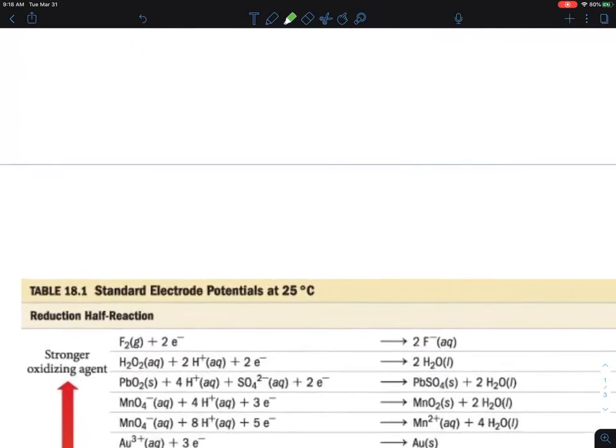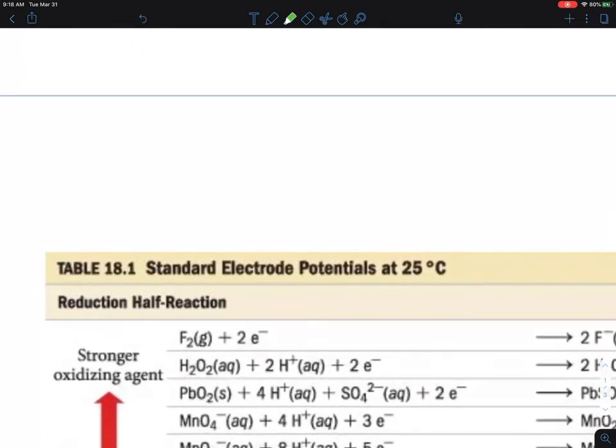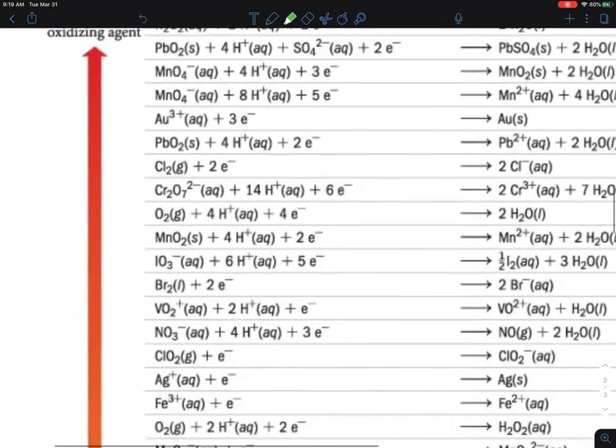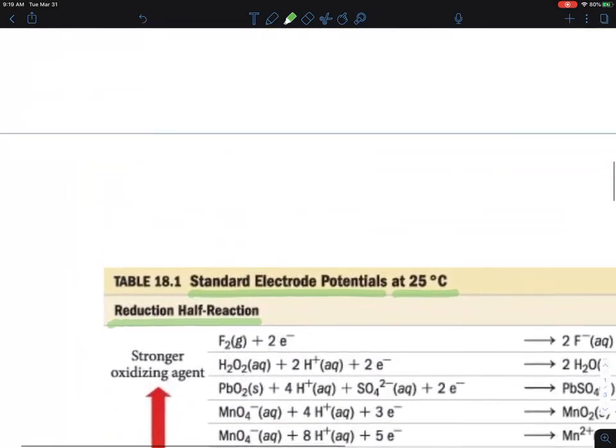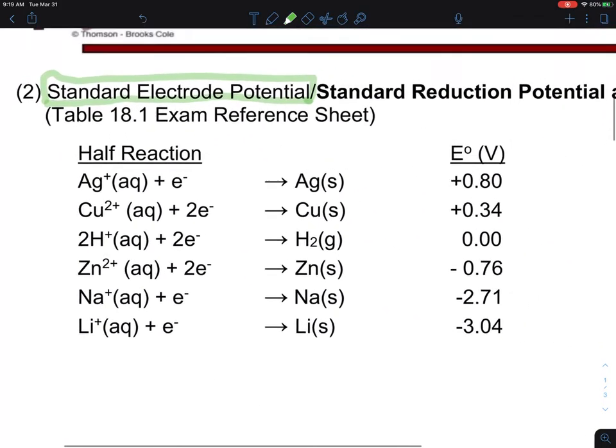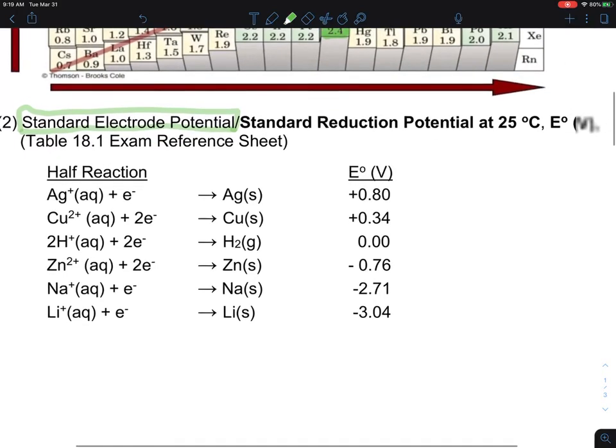This is what you see on your reference sheet in your exam, the standard electrode potential. They have to designate what temperature it is, and then they write a small thing called a reduction half reaction. This is a collection of reduction half reactions, and this is essentially what we need to use. Here I give a collection of a few examples.